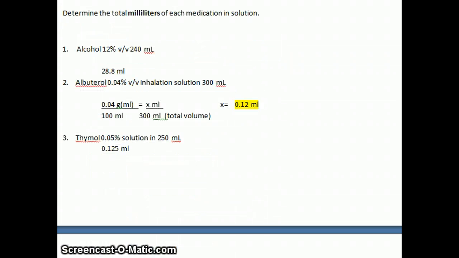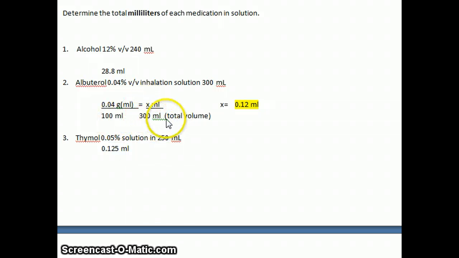This section says determine the total milliliters of each medication in solution. So the one I've done here is albuterol, 0.04% volume in volume inhalation of 300 milliliters. What we're trying to do is find out how much albuterol is in this 300 milliliters of solution. So we set it up, 0.04 milliliters over 100 milliliters equal X over 300 milliliters.